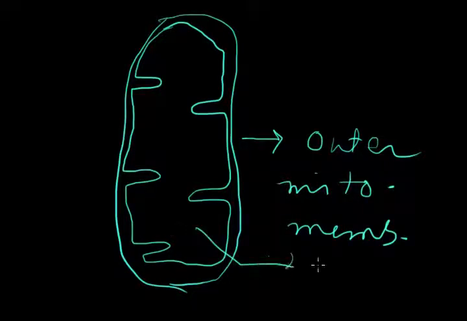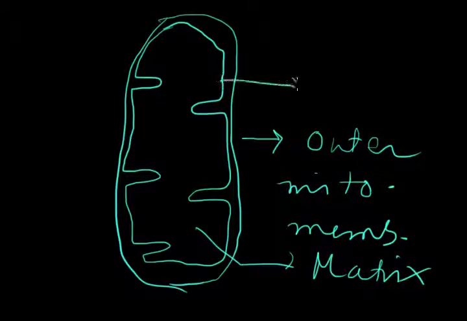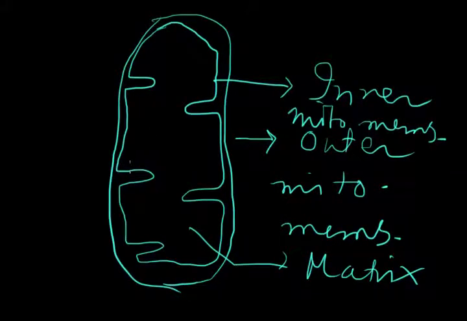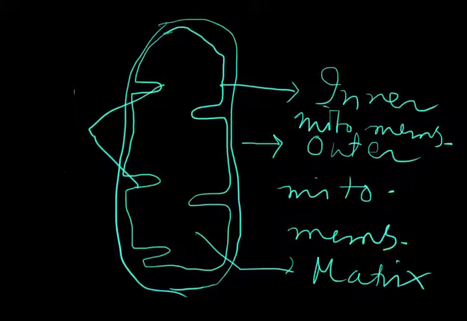This seems to be the matrix. This layer is the inner mitochondrial membrane. These finger-like projections are called cristae.